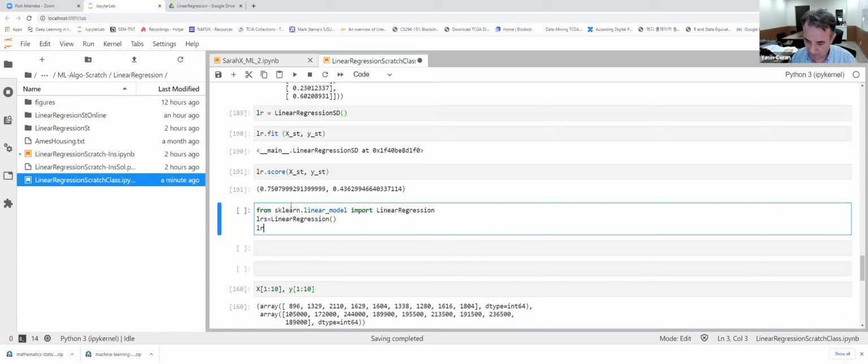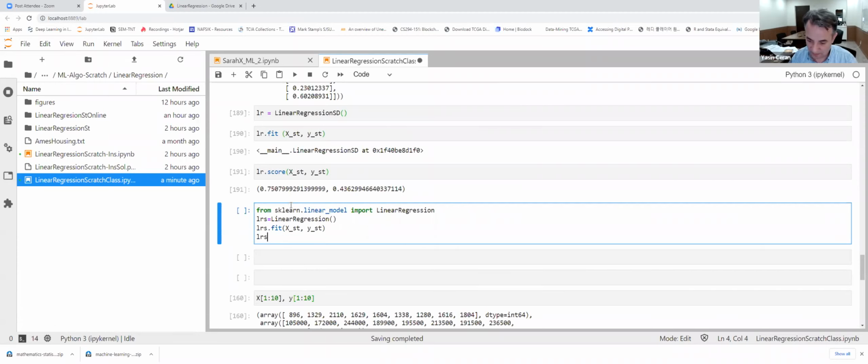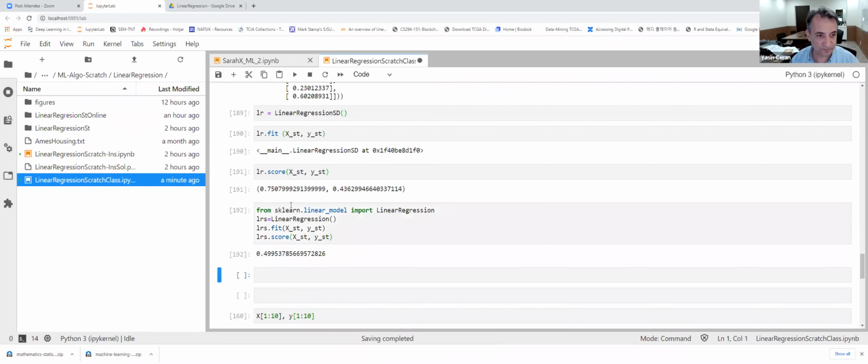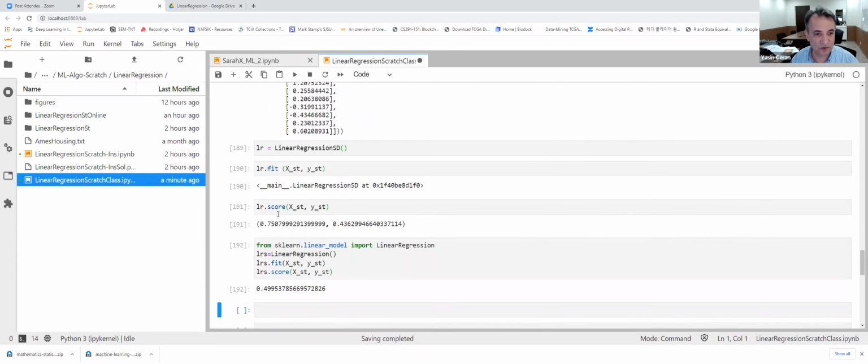And then LR_sk.fit with X_st and y_st, then LR_sk.score. So this is the score.